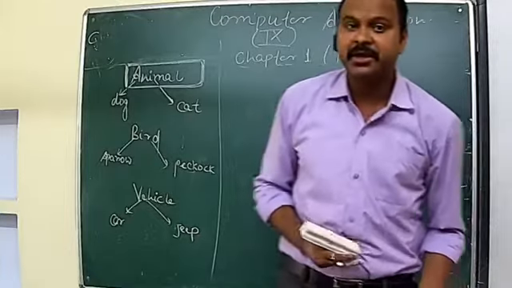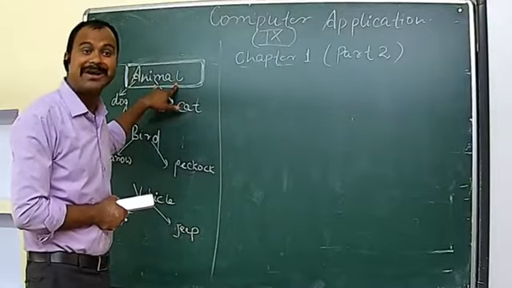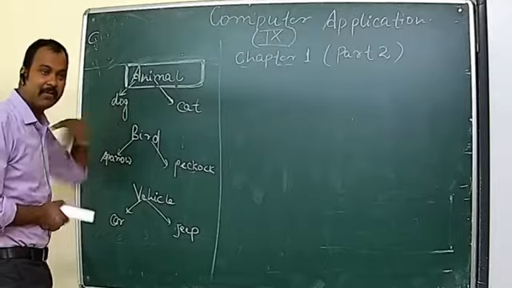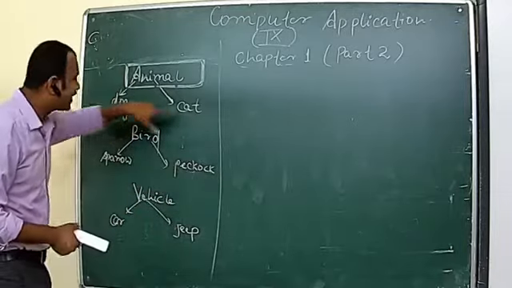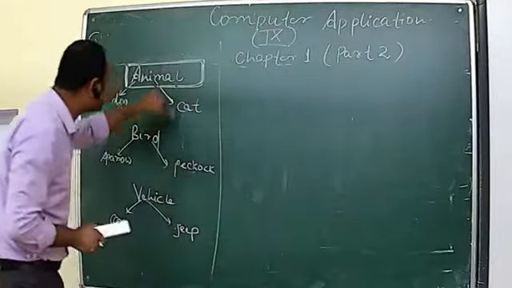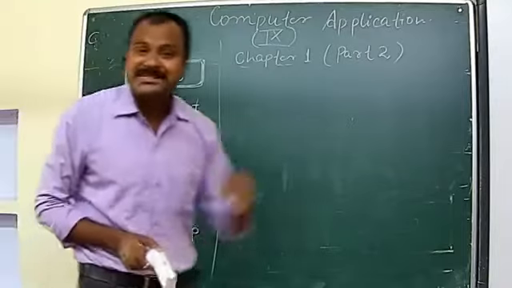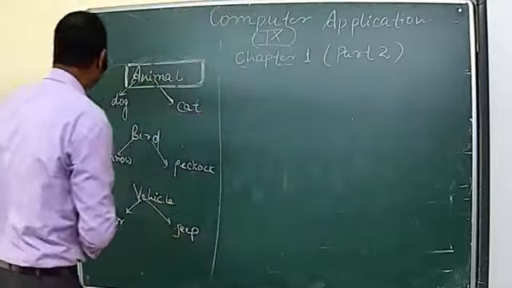So this is only a conceptual thing, a blueprint or a template. But if I talk about dog, now it is clear. I want to see a dog. Now it is totally clear. So dog, cat, these are the real world entities. It means these are the objects of the animal class. Clear?